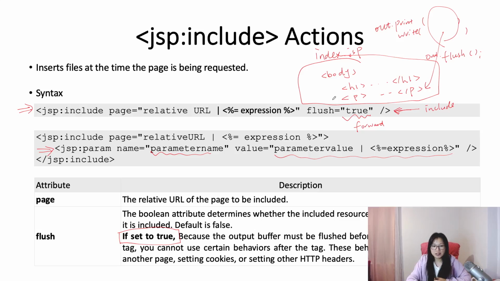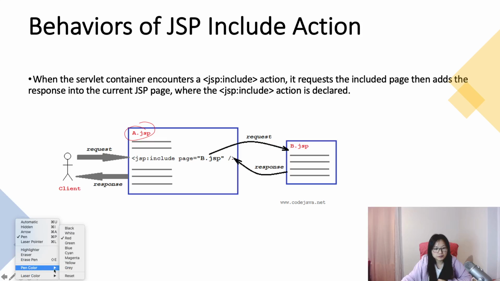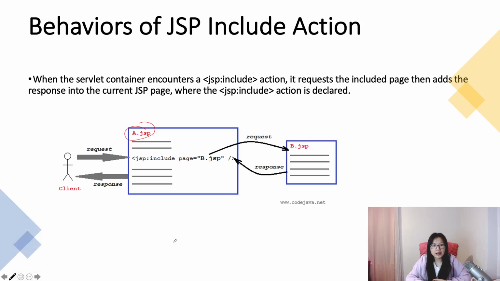The next one, let's take a look at the JSP include working scenario, the behavior. So when the client requests this a.jsp, let me use another color, green.